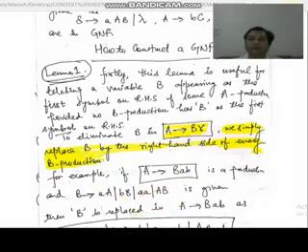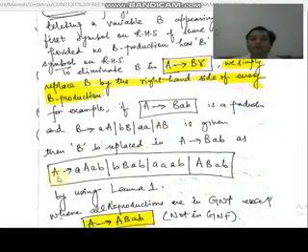So the resulting productions will be capital A to small a, AB, capital A to small b, capital B, AB, capital A to A, small b, capital A to capital A, B, AB.